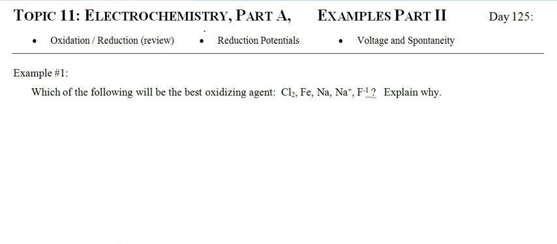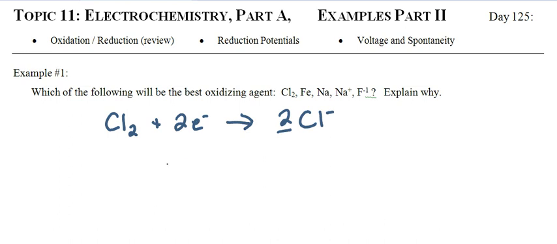All right, so let's get right to it. Looking at the first example, if something is being reduced, like chlorine here, it's going to gain electrons, and since there are two Cl's, and we know that chlorine wants to gain electrons, we have to find out what its voltage is.